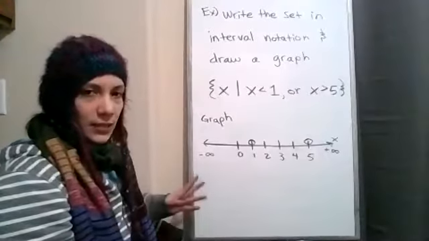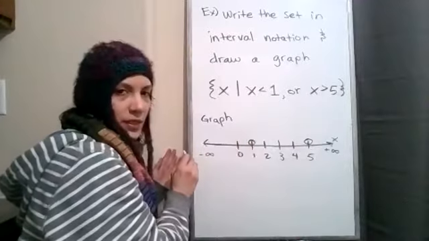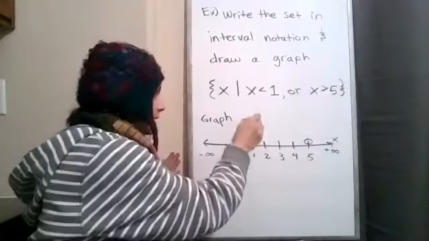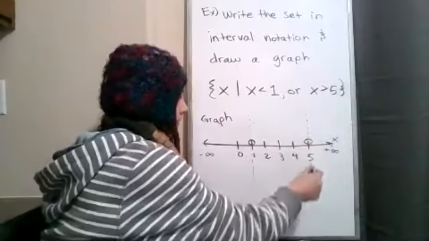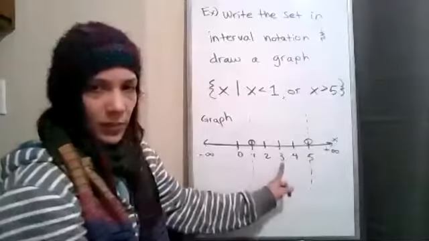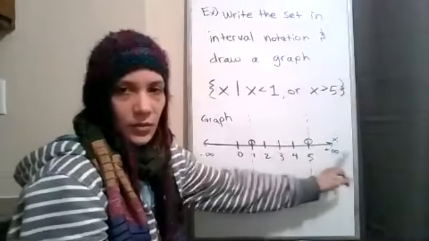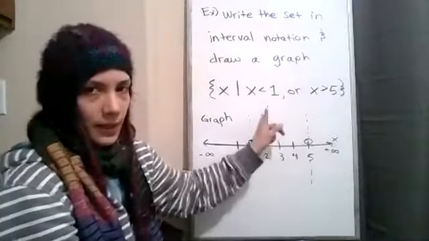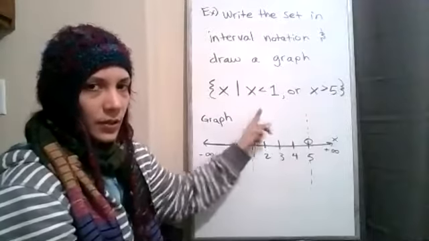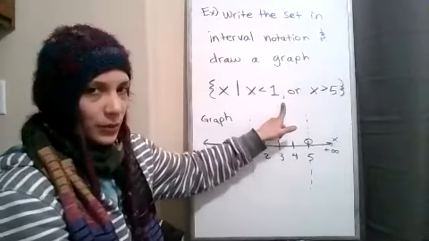If you want to test values for x, it would be some number in the interval that goes from negative infinity up to 1, from 1 to 5. You could pick a number, test that number, and then you can check that last interval from 5 to positive infinity. You could pick some value and see if it makes this statement true.